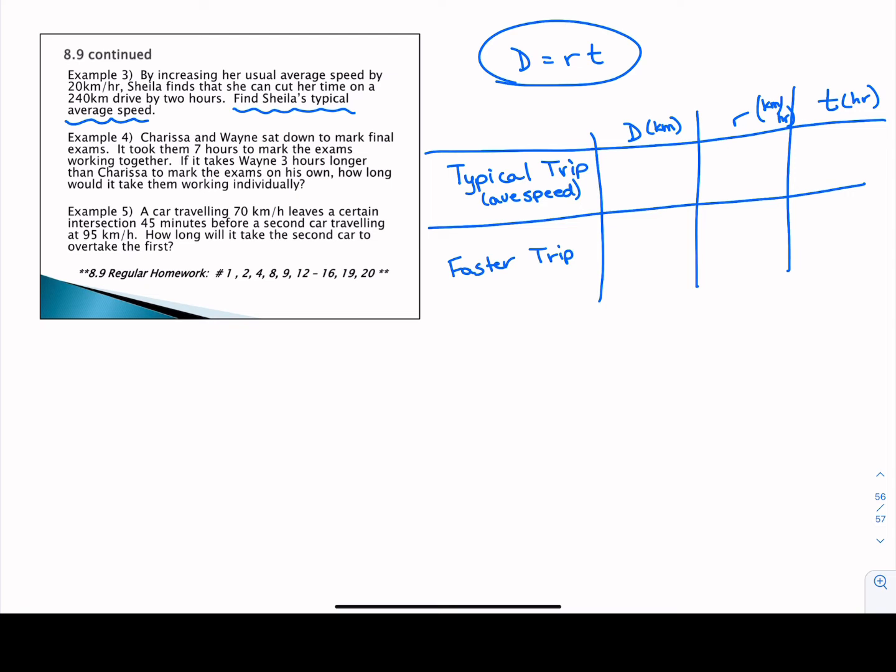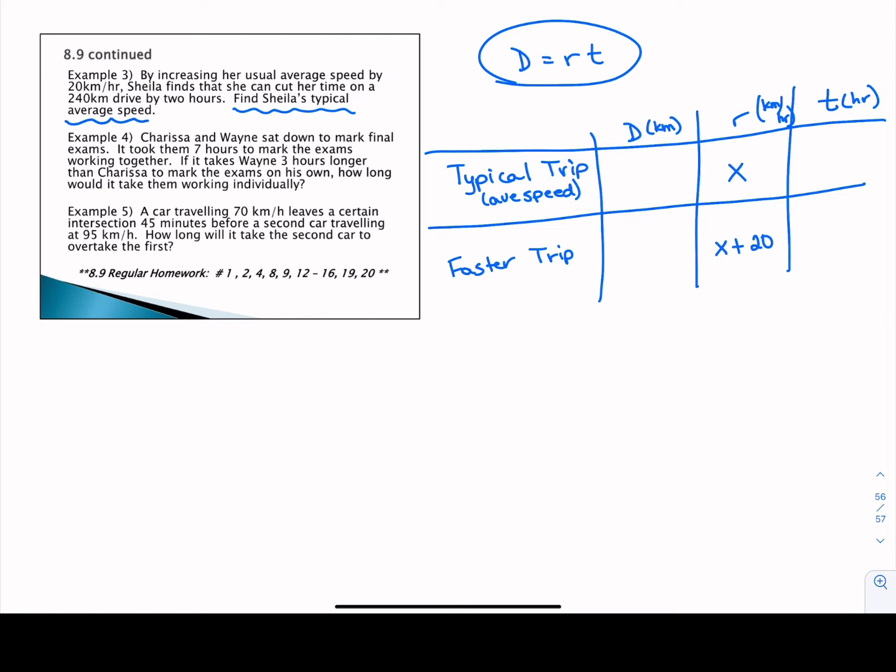So if you look at your typical trip average speed, her rate is going to be x. Now, aside from that, we know that she increases her average speed by 20 kilometers per hour when she does a faster trip. So the faster trip is going to have a rate of x plus 20. So her original speed plus an extra 20 kilometers an hour because she's driving faster.